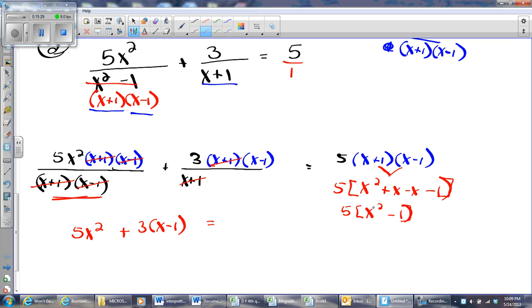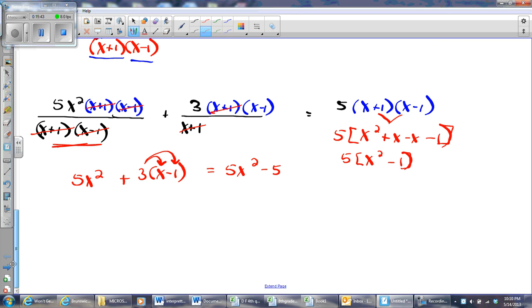Now I'm going to distribute that 5, and I'll write my answer over here by the equal sign. I'll get 5x squared minus 5. Now I also have to distribute right here. I have a number in front of parentheses, in front of a quantity. That means distribute. So I will have 5x squared plus 3x minus 3. That equals 5x squared minus 5.